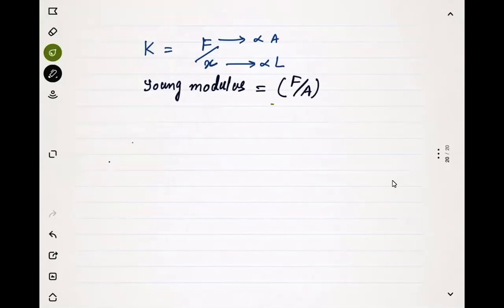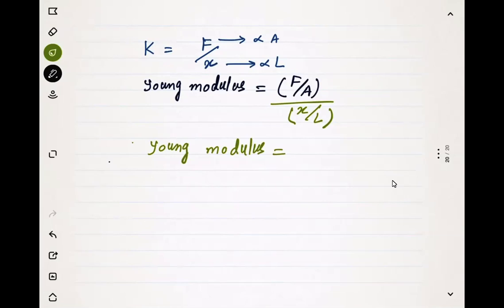In the same manner, if you divide X by L, then the dependence with length will be eliminated. So basically the Hooke's constant formula has been modified into Young's modulus formula by eliminating certain factors.